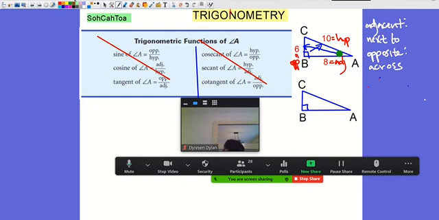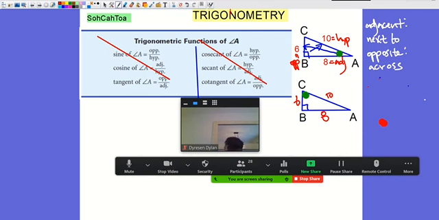All right, and I'm going to put the green dot right there. Okay, and let's go again: 6, 10, and 8.